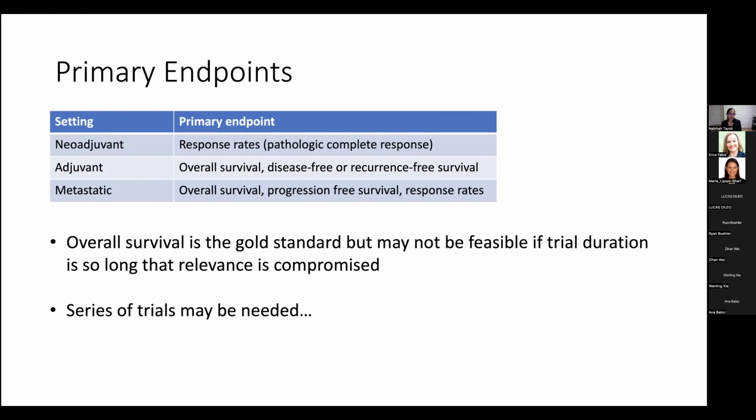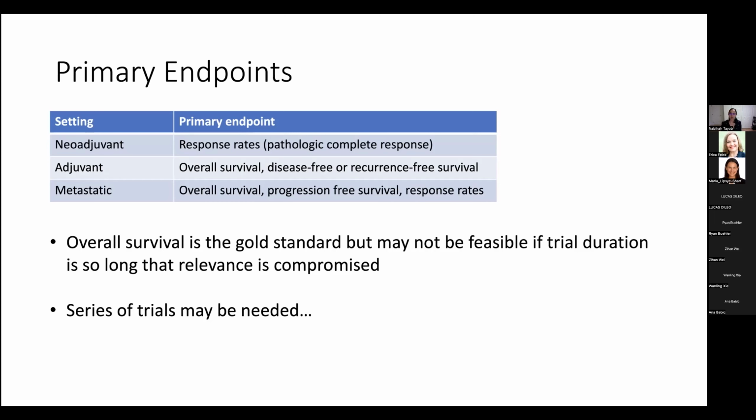Some of the primary endpoints you could come up with, let's say in the neoadjuvant setting, you could have response rates, for example, pathologic complete response. In the adjuvant and metastatic setting, overall survival is the gold standard, but it may not be feasible if the trial duration is so long that the relevance is compromised.